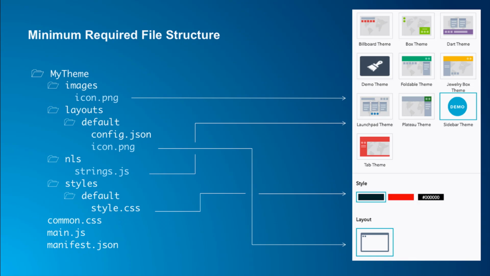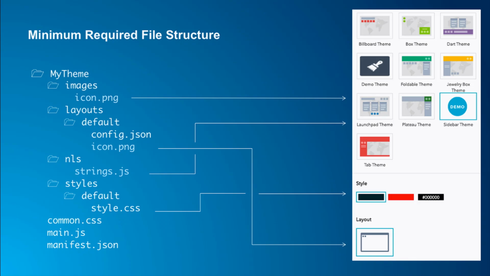And we have the layout folder that has 1 or more layouts. For example, we have seen that the foldable theme has 3 or 4 layouts that you can pick from, but for this demo, we are just going to create 1.